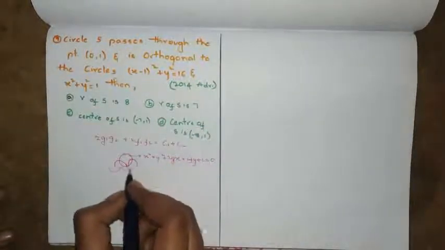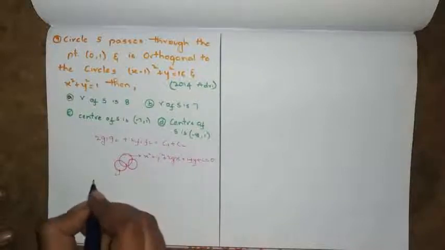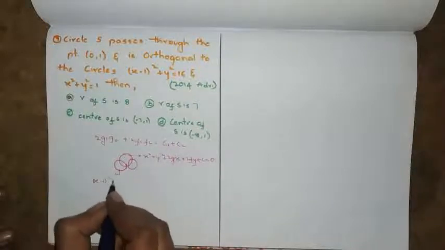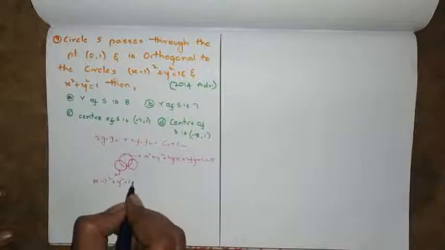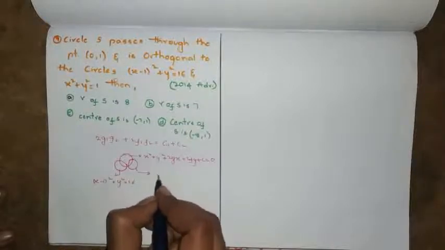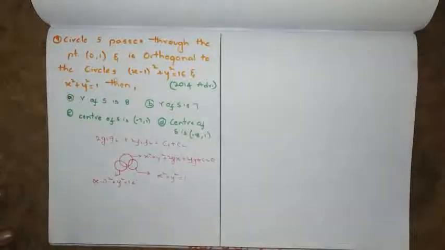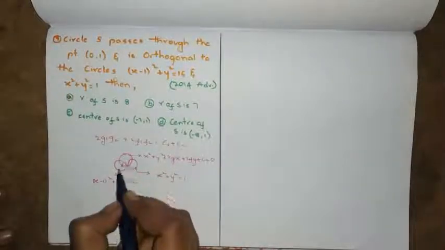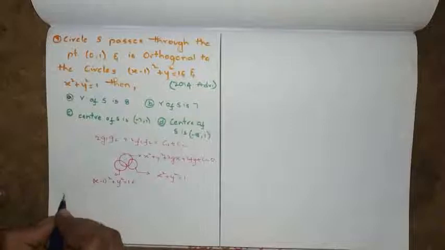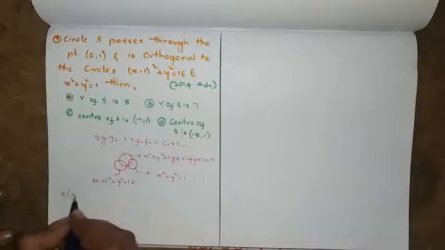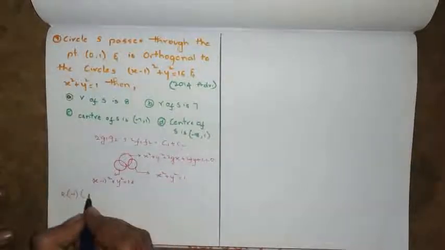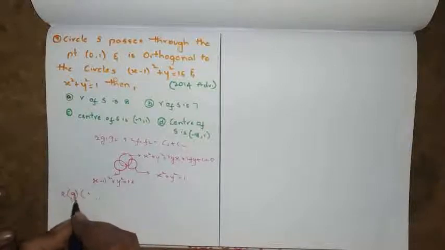And this is x minus 1 whole square plus y square is equal to 16. And this is x square plus y square is equal to 1. Orthogonal condition: 2 into g1 into g2, I don't know, take this as g1.